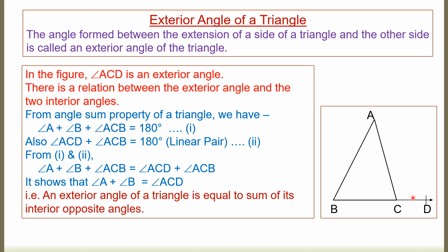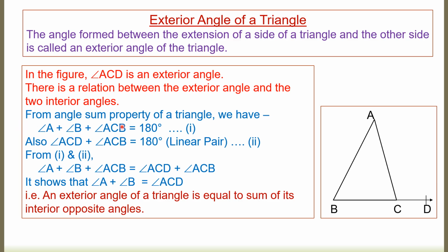And there is a relation between this angle and these two angles. The angle formed between the extension of a side of a triangle and the other side is called the exterior angle of a triangle. So angle ACD is the exterior angle, and there is a relation between the exterior angle and the two interior angles.